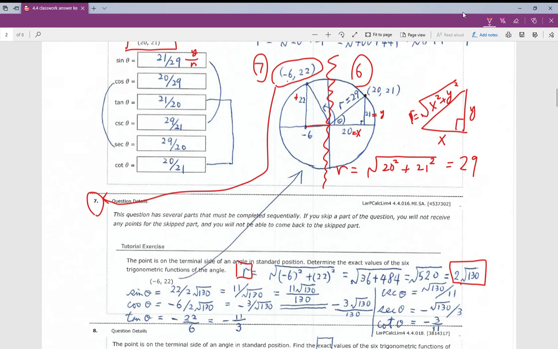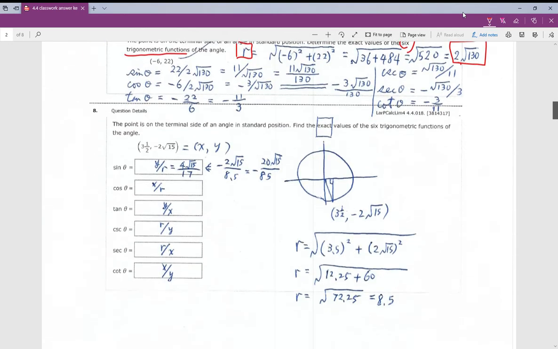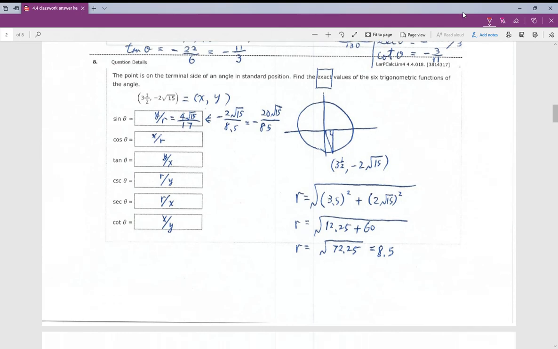Now, once you have the radius and the opposite side and the adjacent, then just follow the formula. You can find all 6 trigonometric function values. Number 8, same idea, but the numbers are more complicated. So same thing, you need to calculate r with those decimal numbers and the square root.